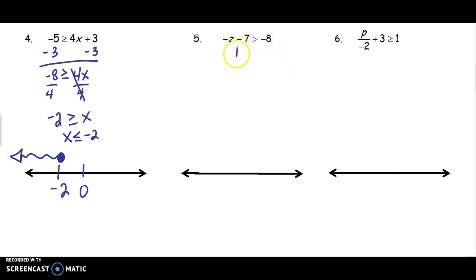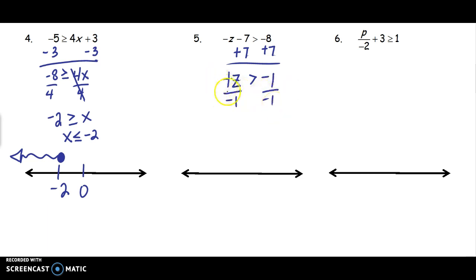Problem number 5, let's get rid of that 7. So we add 7, and you have negative z is greater than negative 8 plus 7, which is negative 1. And if you remember, there's this 1 right outside of that, in between the negative and the z. So you have negative 1 times z, so we would have to divide by a negative.